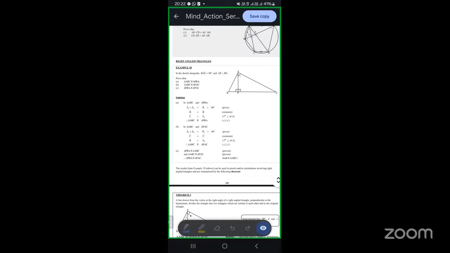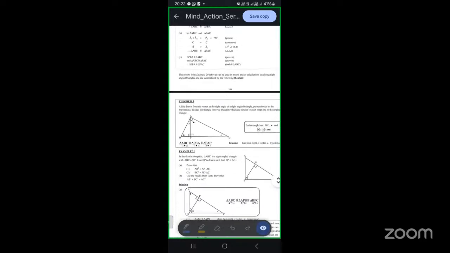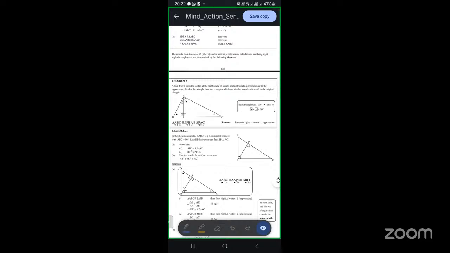Then let's proceed to this other theorem, theorem 3. This is the last theorem that you will see in Grade 12. The first theorem was the proportionality theorem. The second one, the similarity theorem. Now the third one is the Pythagoras theorem, where they are stating that a line is drawn from the vertex at the right angle of a right-angled triangle.